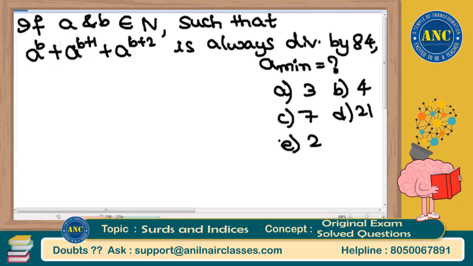They have given that A and B are natural numbers such that this expression, A power B plus A power B plus 1 plus A power B plus 2, is always divisible by 84. Then what is the minimum value of A?